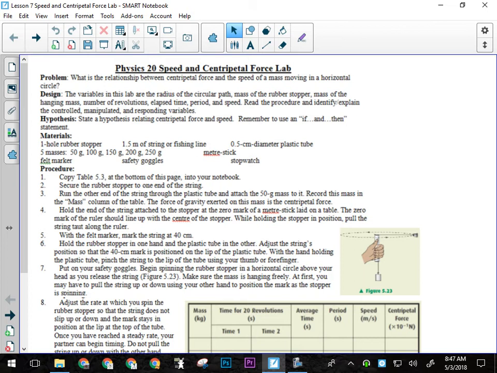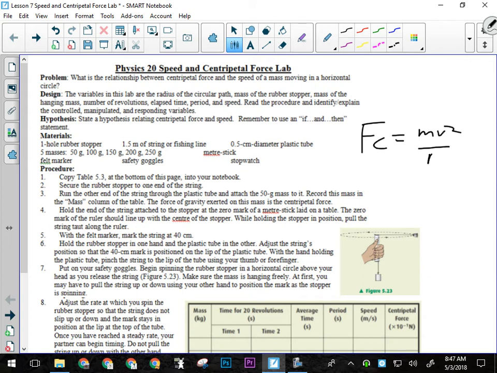For the hypothesis, we want an if, and then statement relating the relationship between centripetal force and speed. This is a little bit tricky because according to the formula, the formula looks like this. We know that if I change speed, that has an exponential relationship on centripetal force, but it is not true the other way.